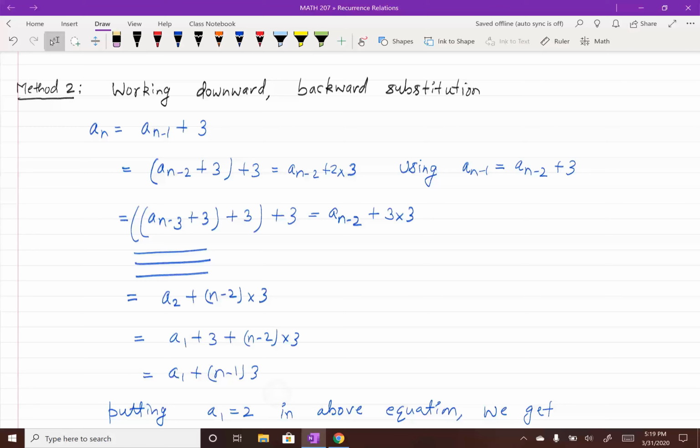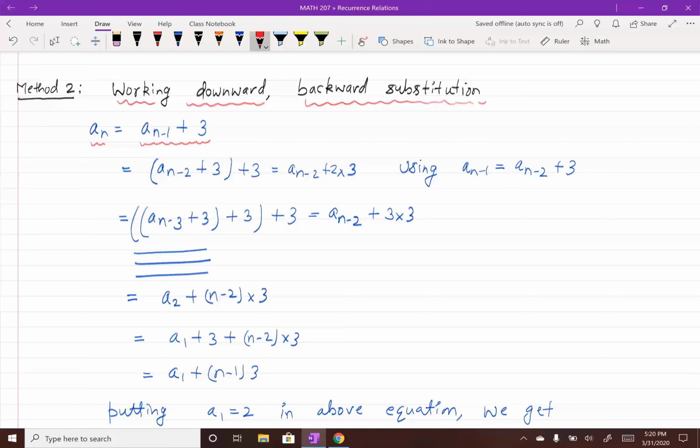Our second method is based on the approach of working downward and doing backward substitution. In this approach, we start from the nth term of this sequence, a of n, and from this rule it can be written as a of n minus 1 plus 3.